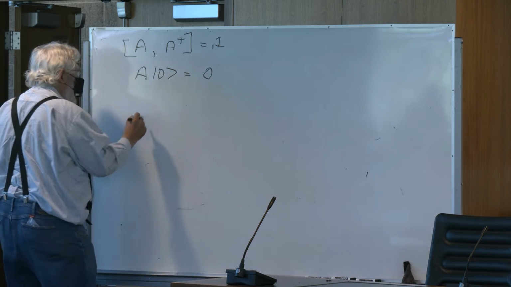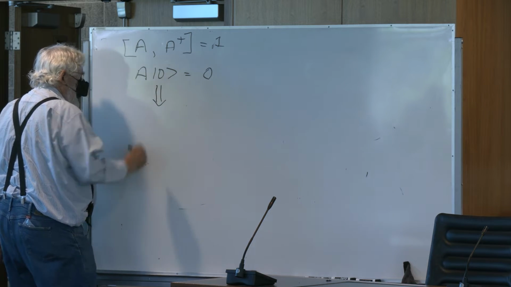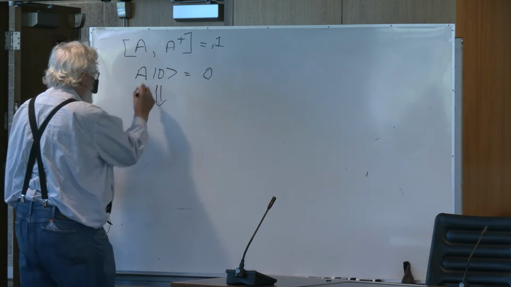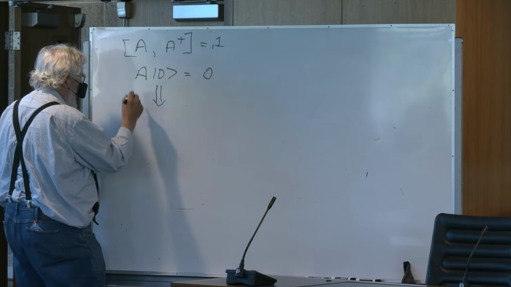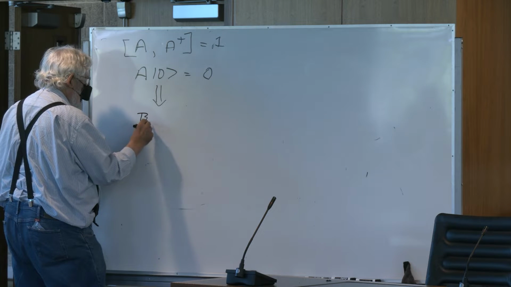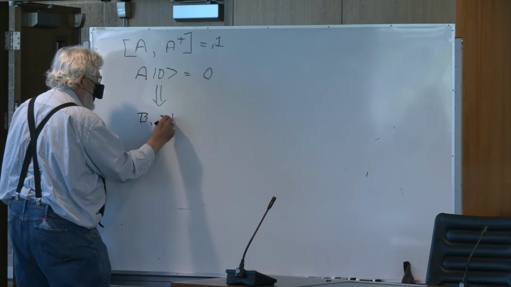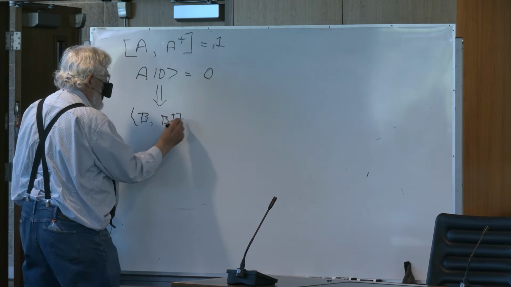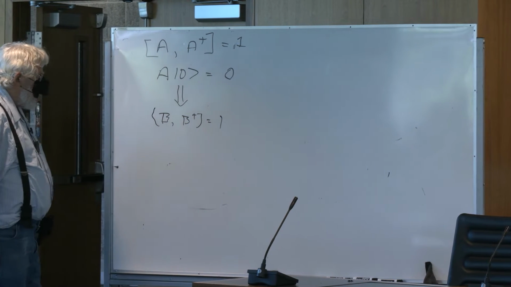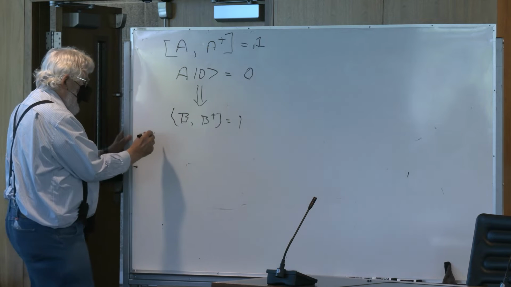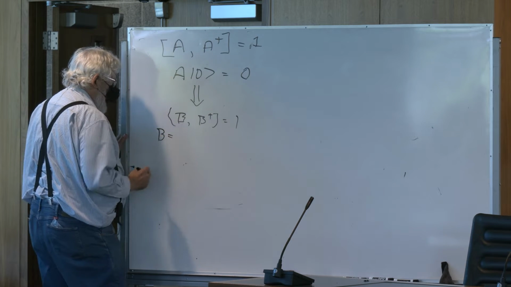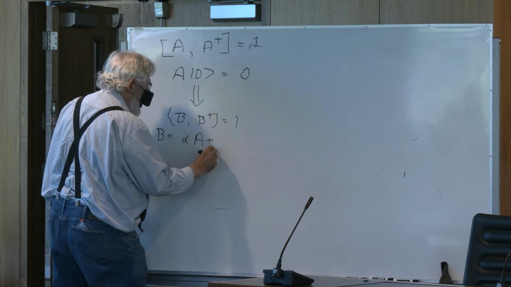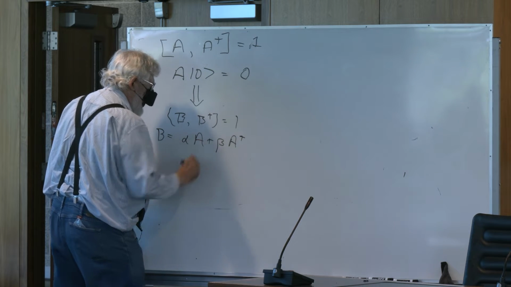Now, let's say that we have some dynamics. And the dynamics is such that at the end of the dynamics, we have these annihilation and creation operators, B and B dagger, which of course obey the same commutation relationships. But B is equal to alpha A plus beta A dagger.